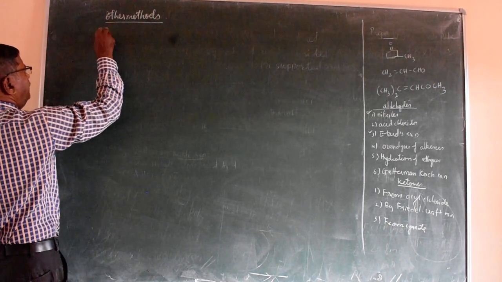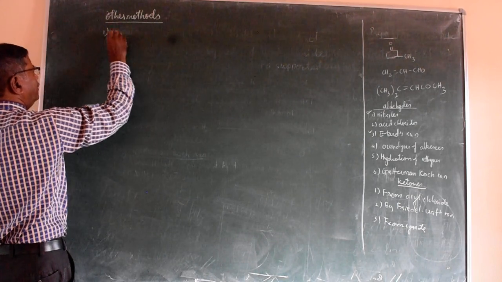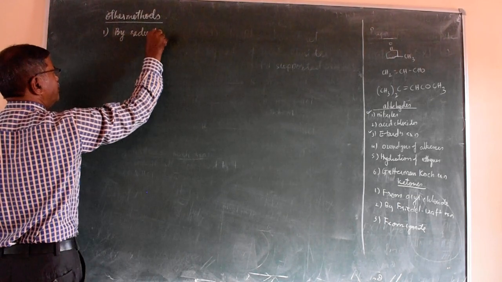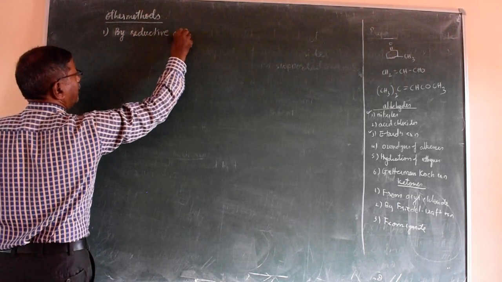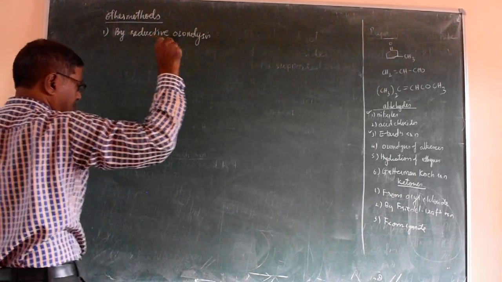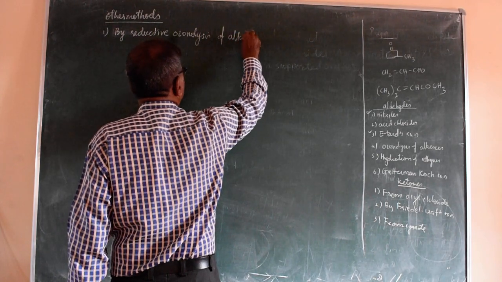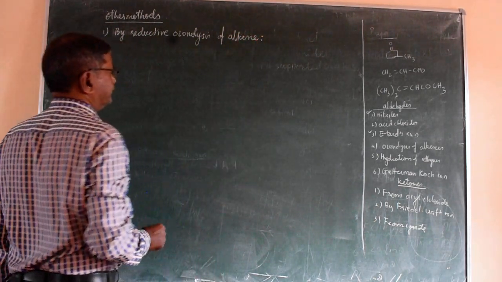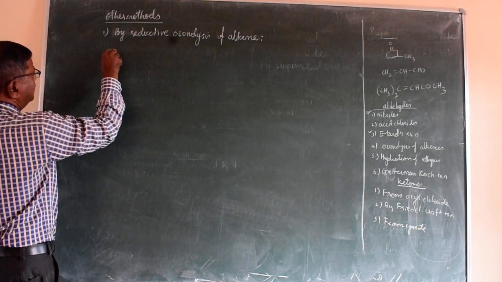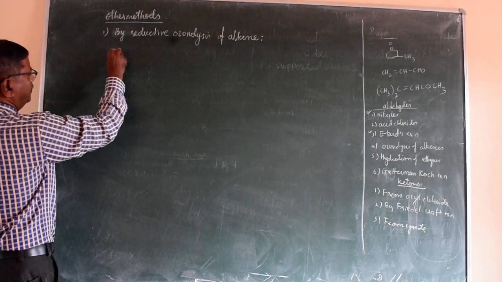Number 1, from alkenes by ozonolysis, it's better to write reductive ozonolysis of alkene. Ozonolysis is nothing but reaction of alkene with ozone.